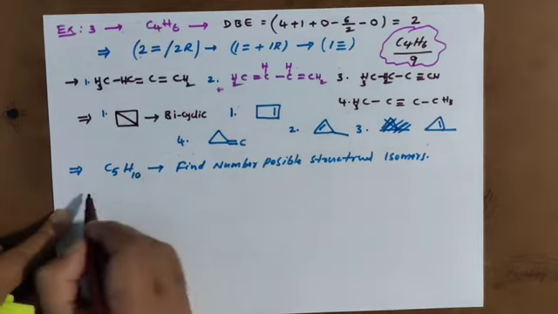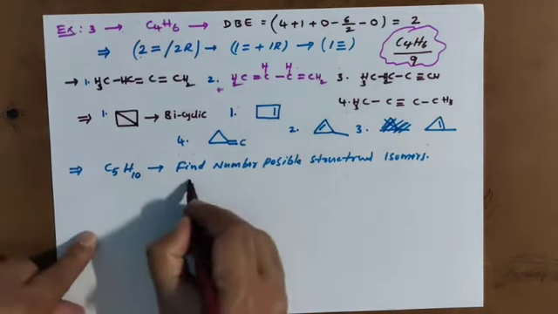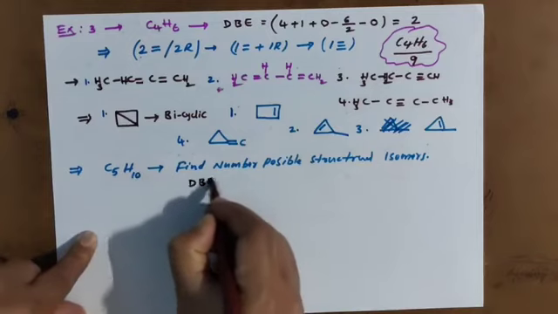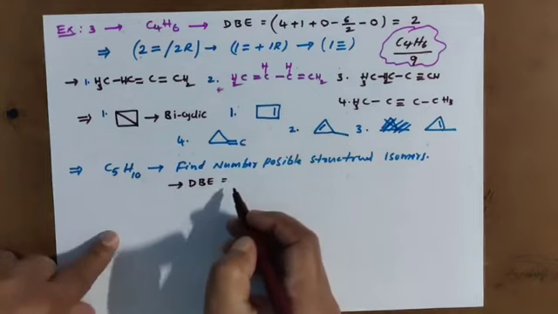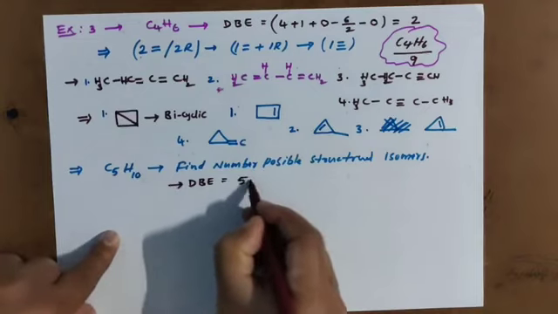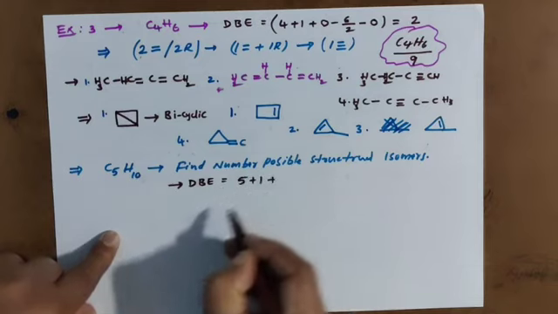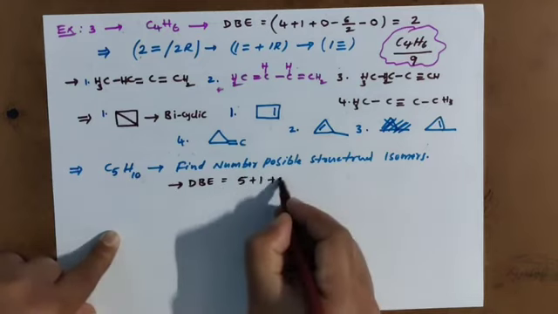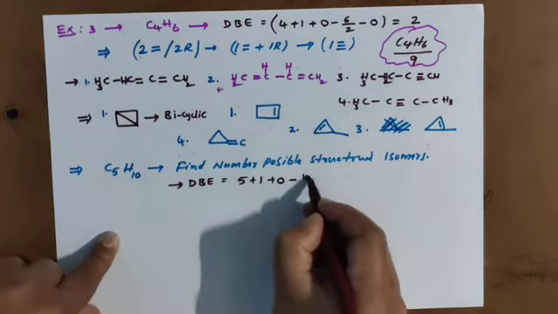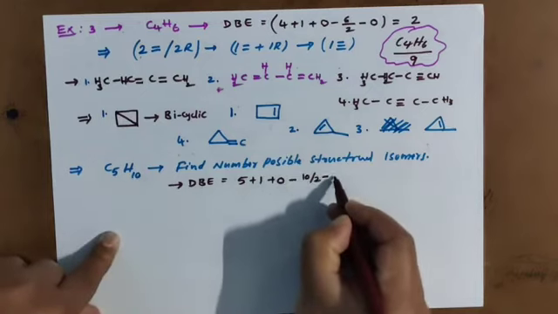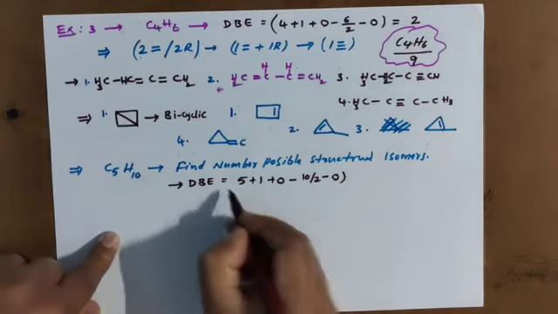So first what we have to do? DBE we have to calculate. DBE equals number of carbon atoms 5 plus 1 plus N by 2, N not there, 0, minus H by 2, hydrogen 10 by 2, minus halogen, halogen not there, 0.